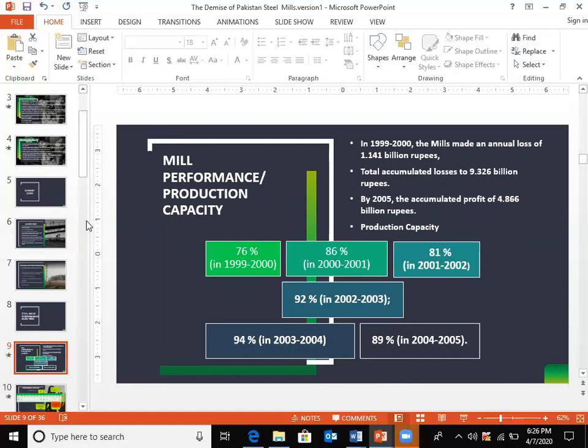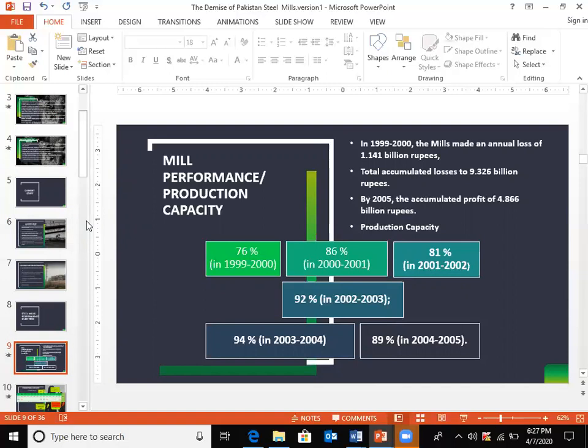And a couple of statistics that I'm going to throw at you right now, just to show you the amount of fluctuation that the steel mill has gone through. In 1999 to 2000, the mill made an annual loss of 1.141 billion rupees, and that was the loss in 1 year. And if you look at the total accumulated loss up to that date, it was 9.326 billion rupees.